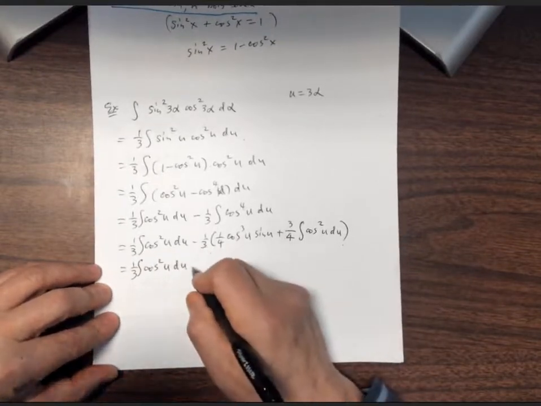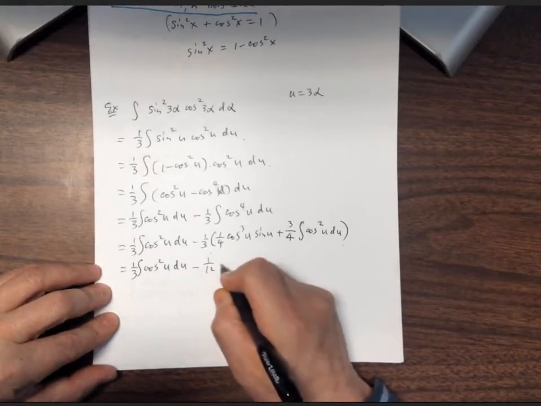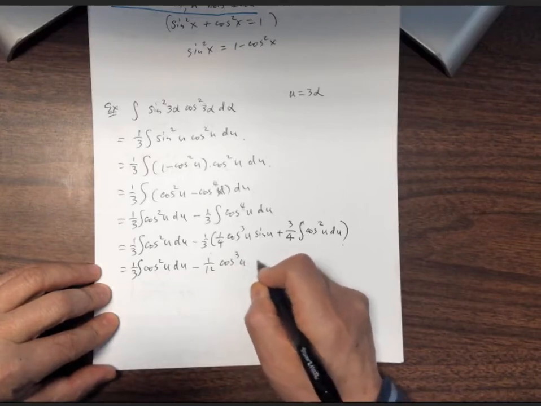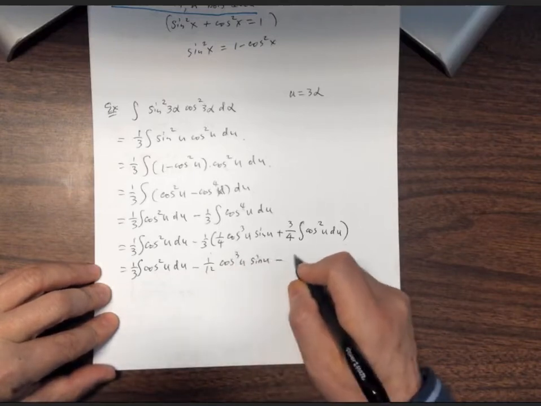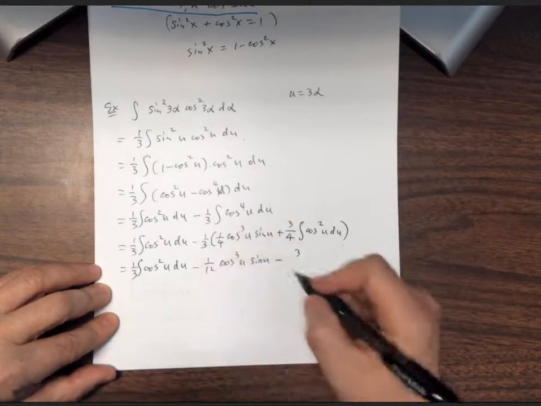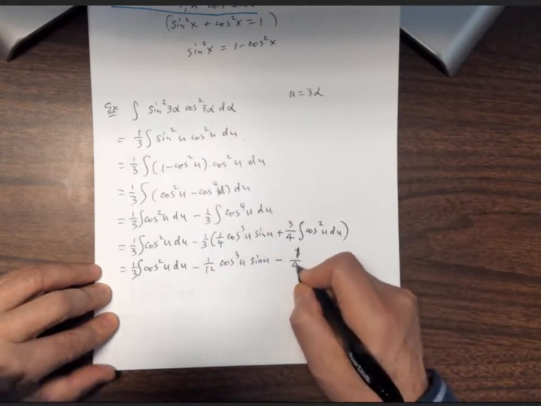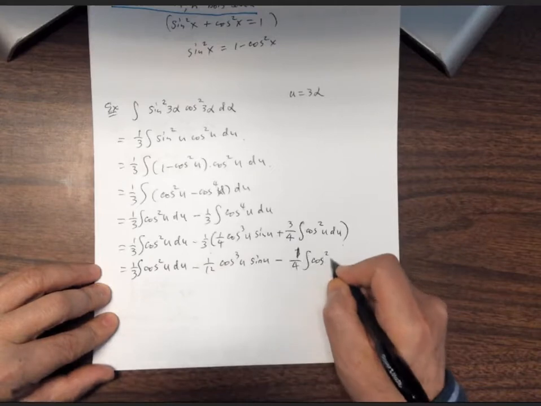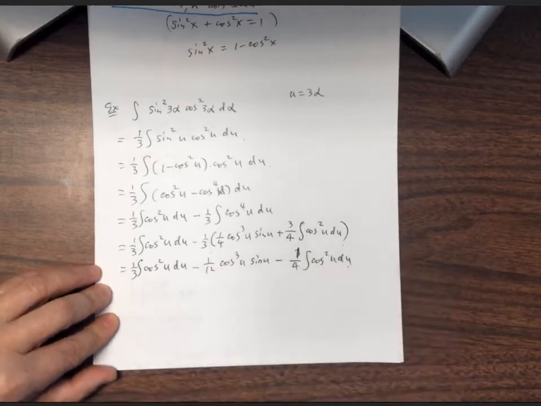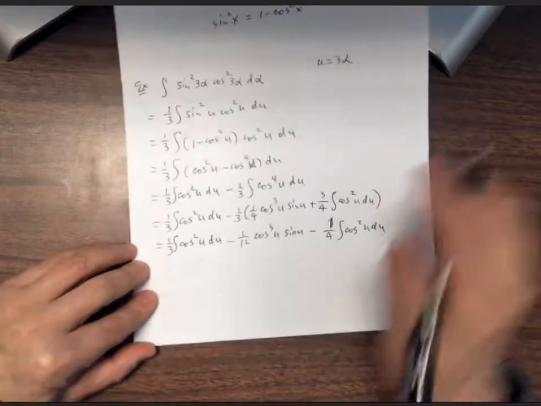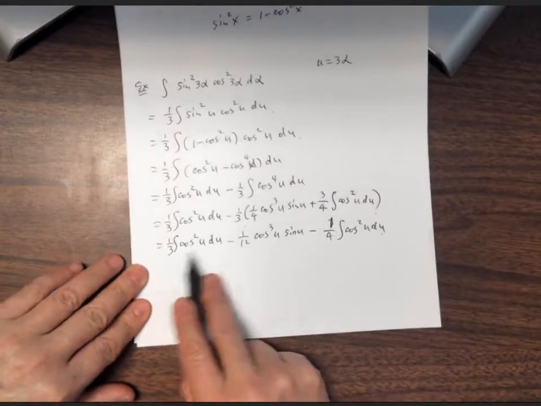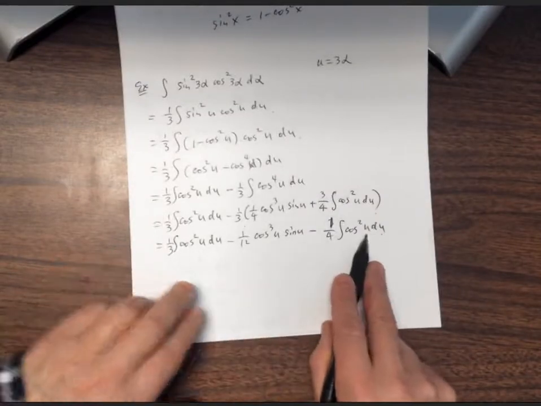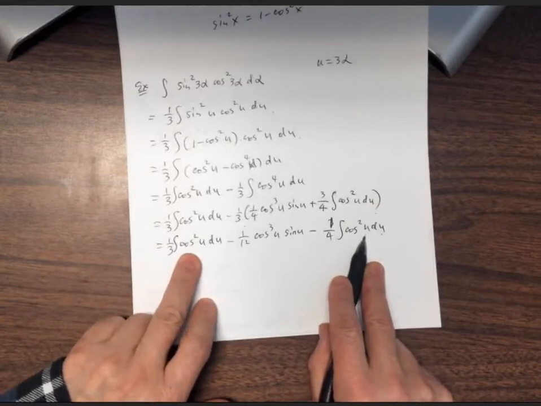Multiply this through, negative 1/12. Three over, oh, the 3 cancels out, it's 1 over 4. Okay, now combine the coefficients of the same integral. This is an integral of cosine square.